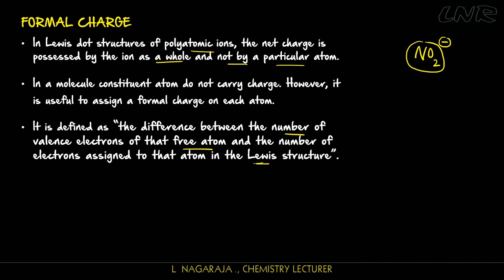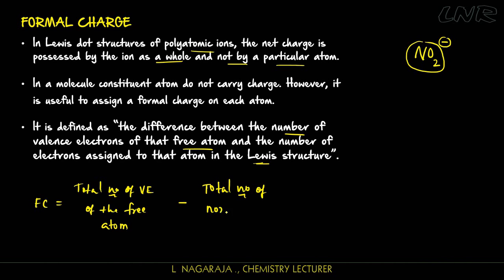So that is to be expressed as, formal charge is equal to the total number of valence electrons in the free atom, minus the total number of non-bonding electrons, or simply it is called lone pair electrons.